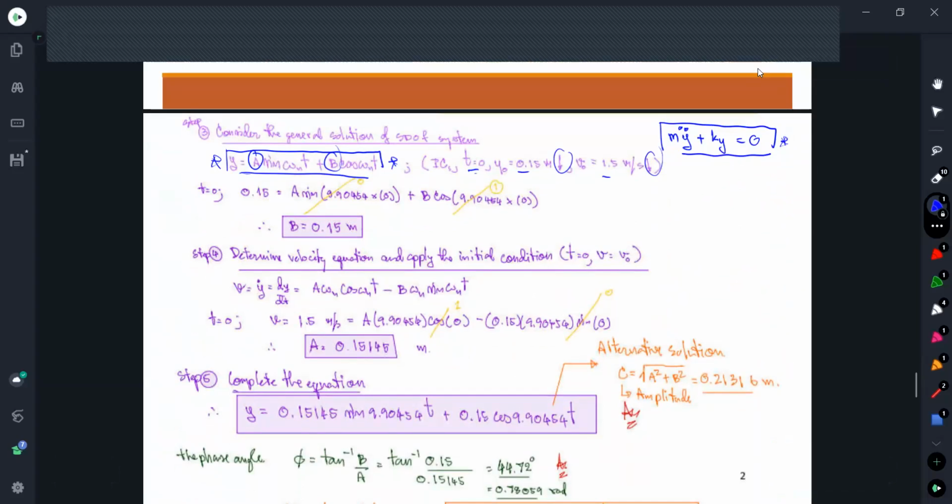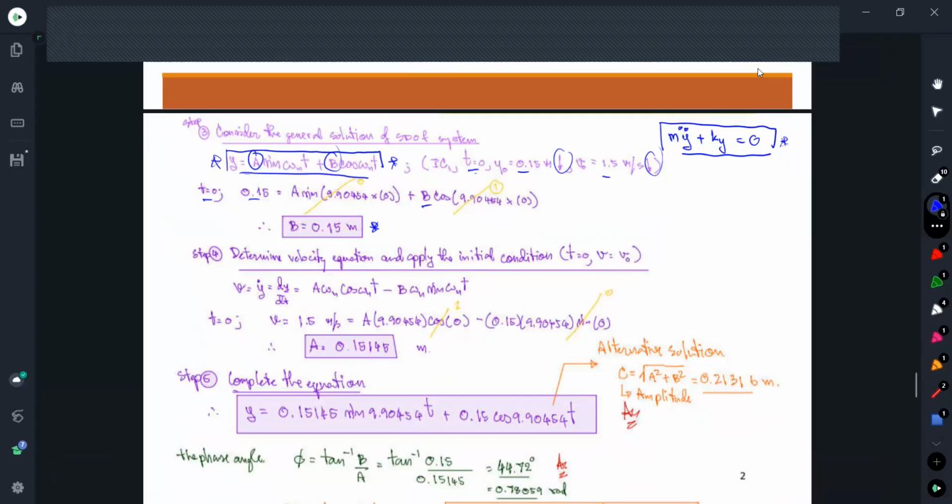From this equation, we substitute time equals 0, and we found that y is 0.15. From this equation, we can determine the first constant, that is b. The constant b is 0.15 meter. Then we would like to find the other constant, that is a.